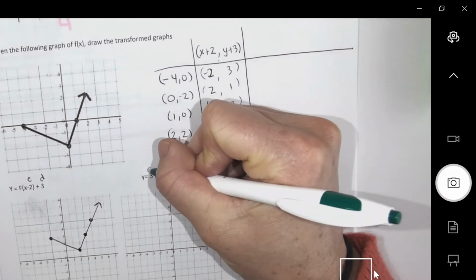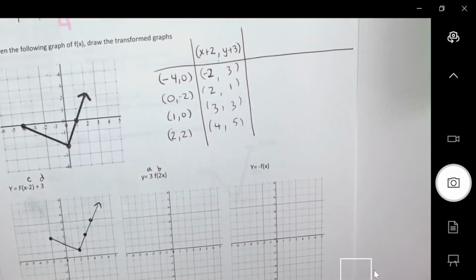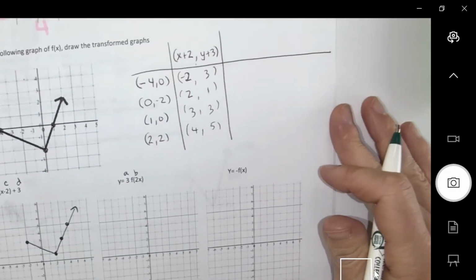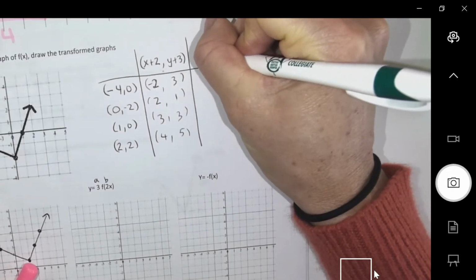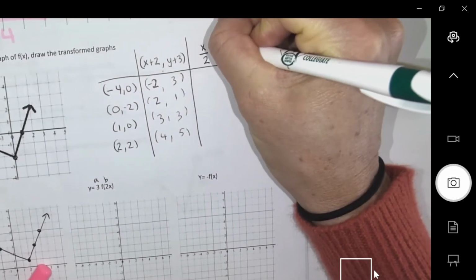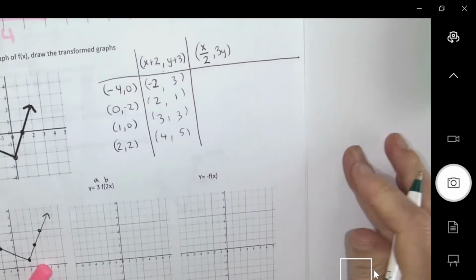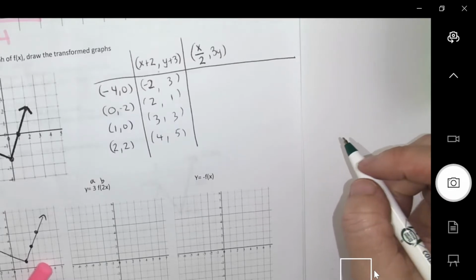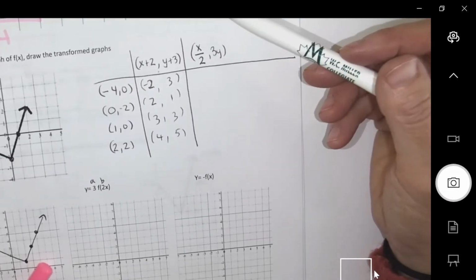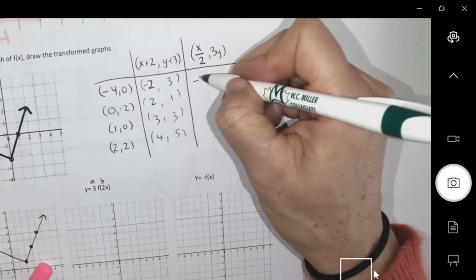Okay, number 2 has an A and a B. So I'm going to be doing x divide by 2, 3y. Let's take all the x's.